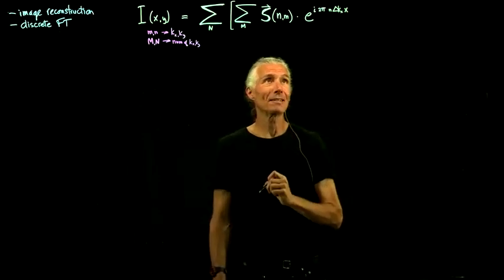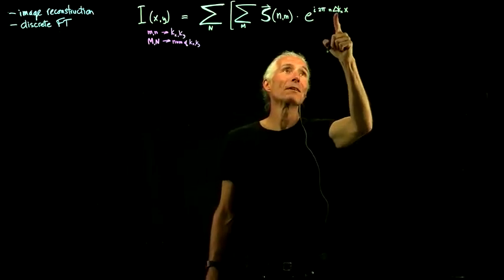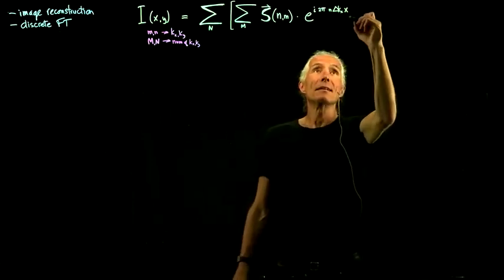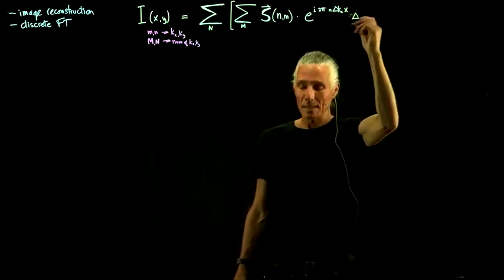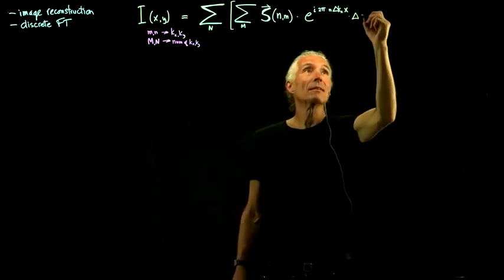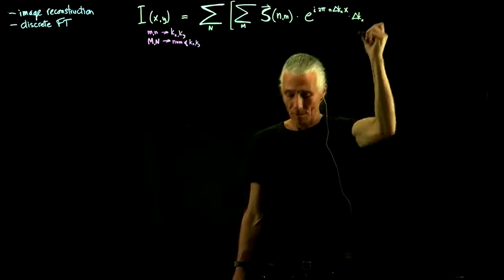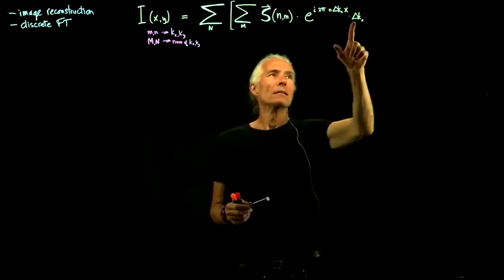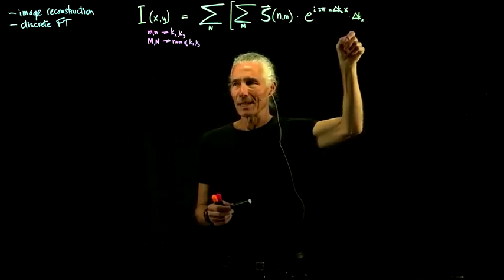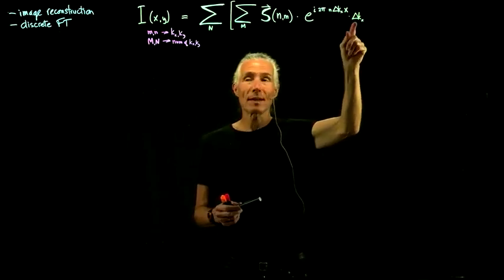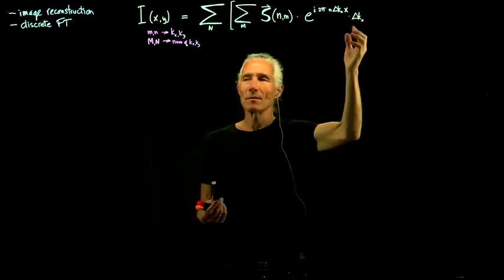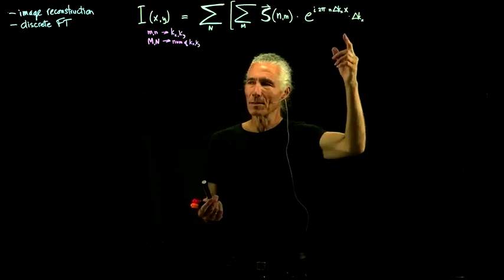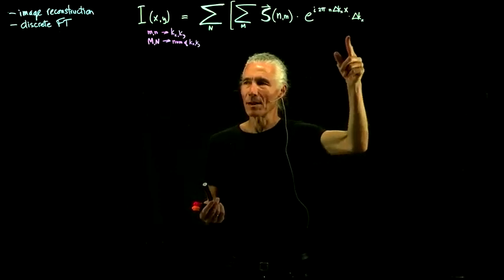So there's like 1, 2, 3, 4, 5, 6 things in there now. And then it's multiplied by that delta kx over here. So instead of dx, which would be an infinitely small little chunk of x, now we've got an actual certain amount of kx, like the difference between spatial frequency 1 and spatial frequency 2, because we're not doing all the ones in between.